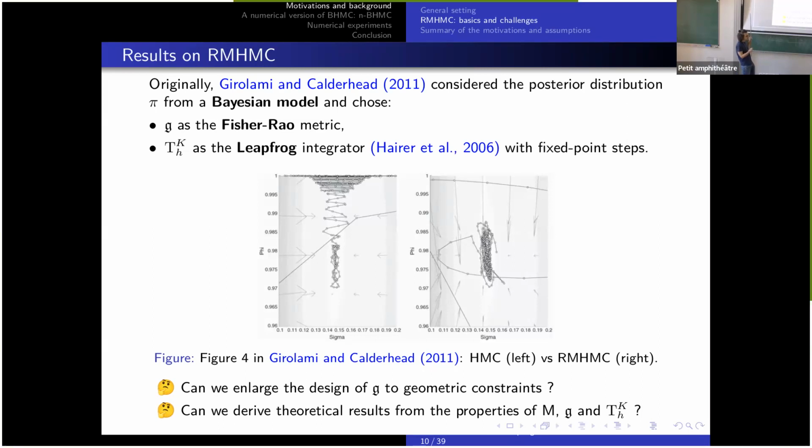In general you don't have uniqueness for this fixed point equation, and you need an extra condition to end up with an algorithm which is reversible. What we try to handle is: can we design some metric G which can handle some particular constraints, in such a way that we have a numerical MCMC algorithm, using numerical recipes for the Hamiltonian dynamics, for which the overall algorithm is still reversible?